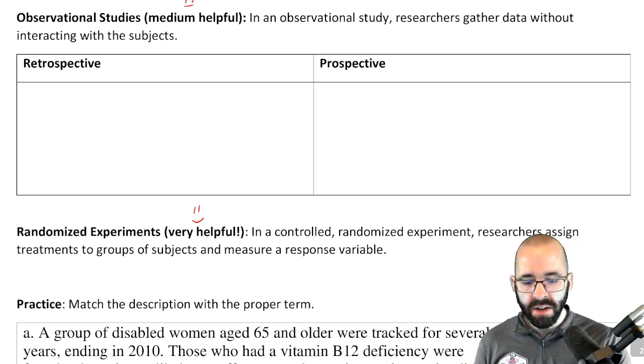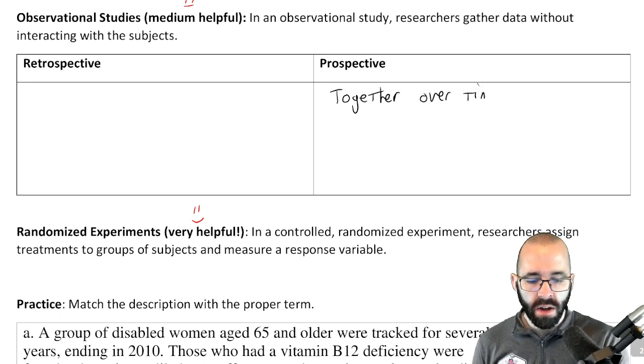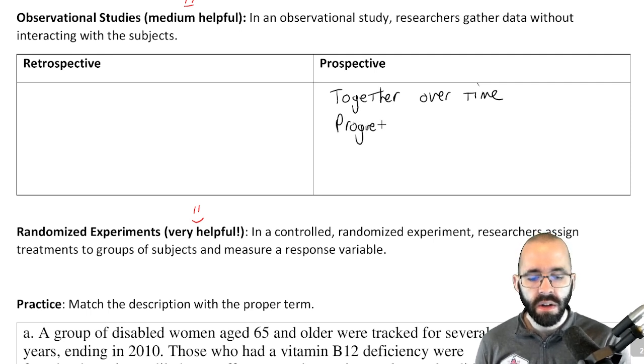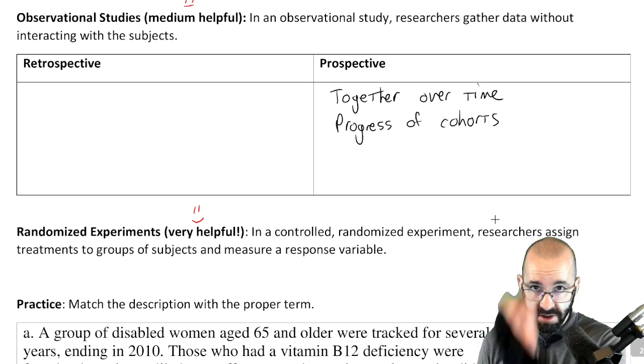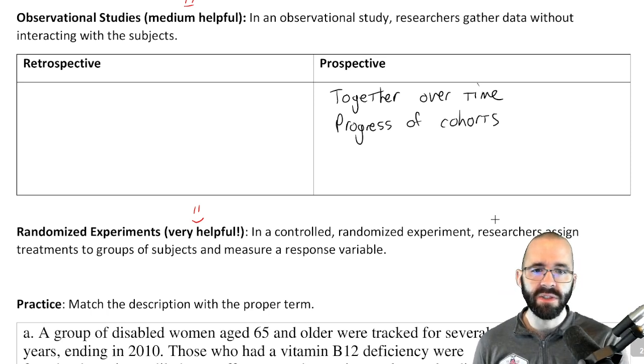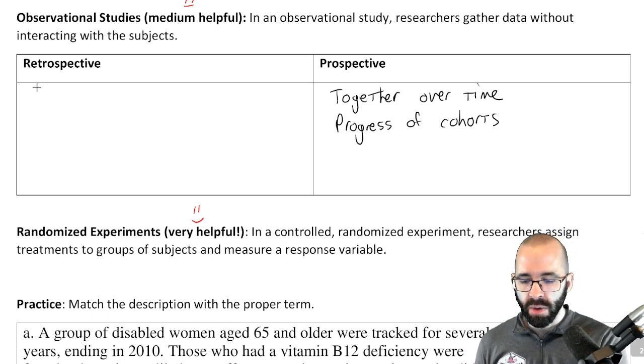So prospective, a lot of times these are done over time. A lot of times these are like watching the progress of cohorts. Whereas retrospective is the other side of the coin. Retrospective is basically just looking at old data.